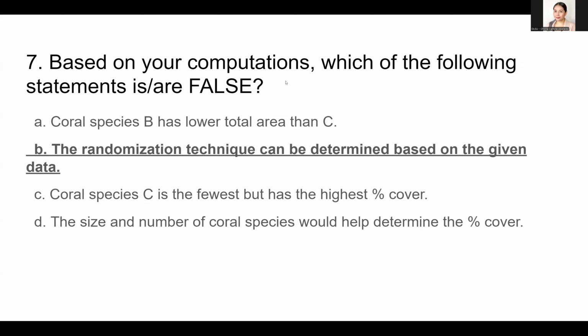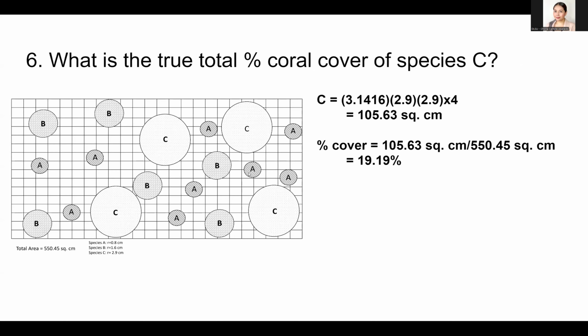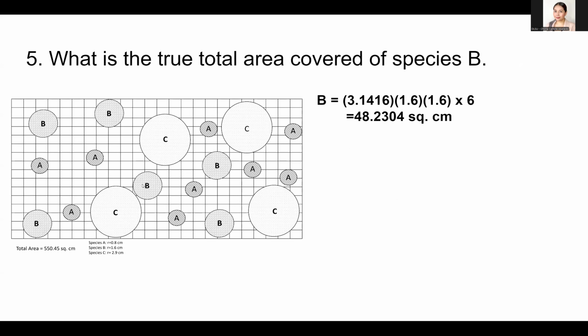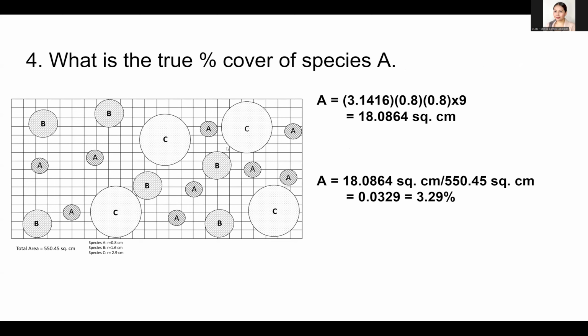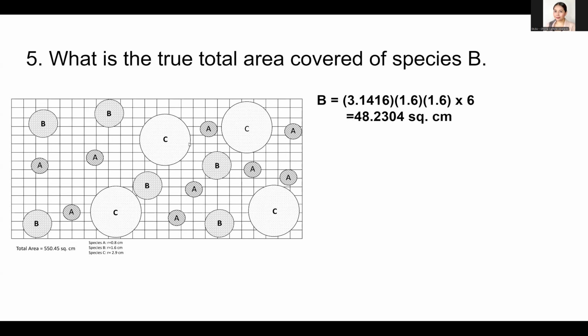Let's look at coral species C. It's the fewest but has the highest cover. Coral species C only has 4 individuals, but its cover is 105 or 19%. B is more in number, but it's 48 square centimeters. And A has the highest number, but has the lowest cover at 18 square centimeters.